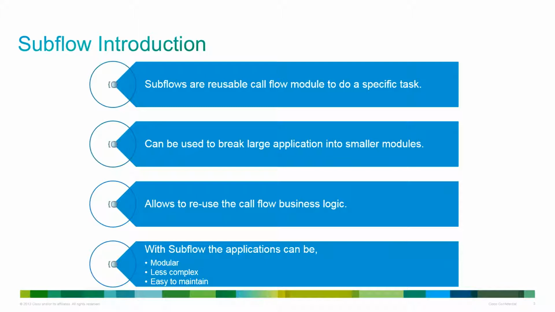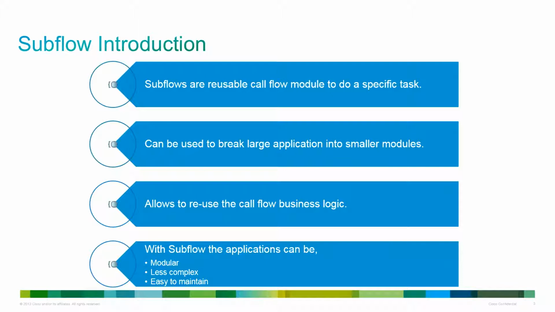The solution for this is subflows, where we can define a call flow module to do a specific task, like a function, and invoke it as we need. It results in just calling the subflow instead of duplicating the entire logic. Application developers can break large applications into smaller modules and reuse them as needed.